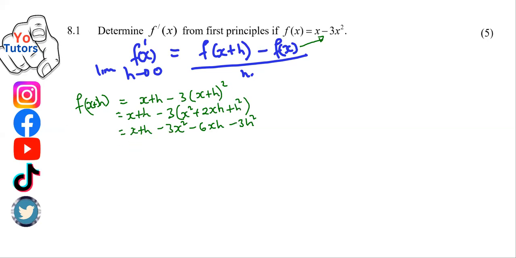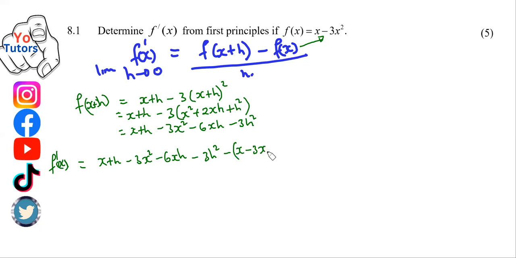So here, let's say our first derivative is going to be x plus h minus 3x squared minus 6xh minus 3h squared. We're just copying what we have here. Minus. Now, we're just going to put x here. Let's put it in brackets.